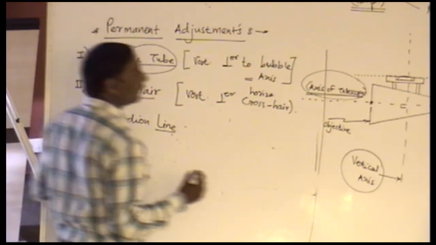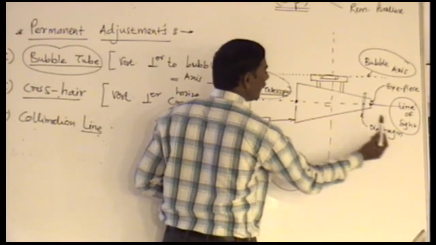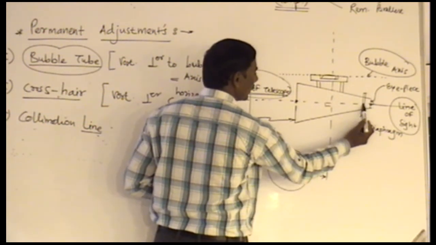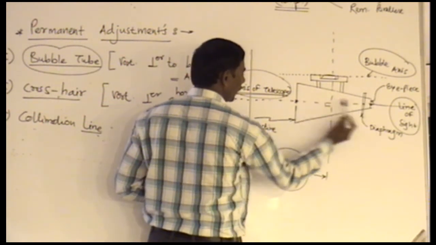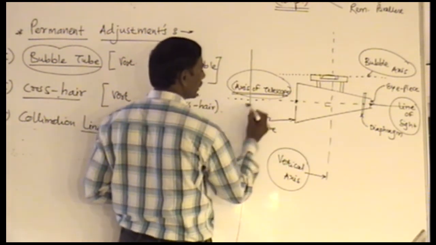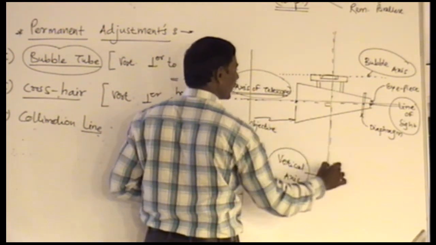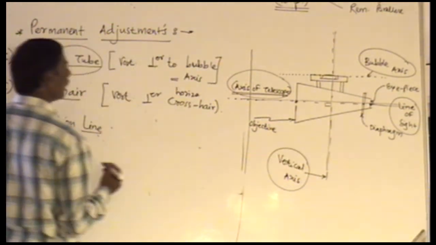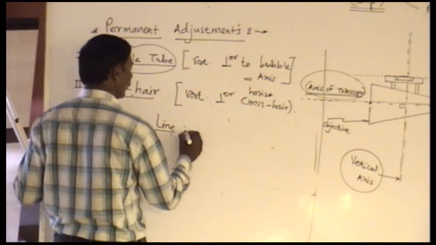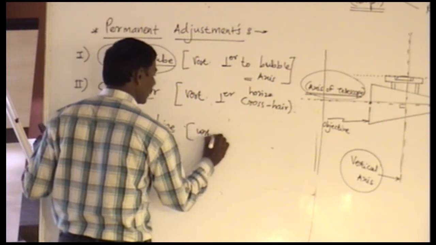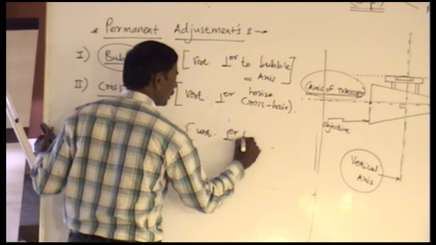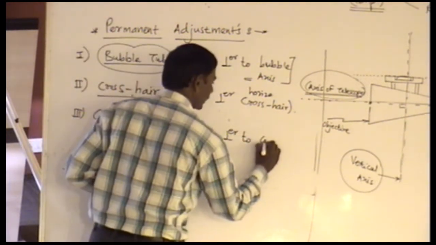What is collimation line? It is nothing but line of sight. It is a line joining the center of eyepiece, diaphragm, object glass, and its imaginary continuation. So we are talking about this line and the vertical axis. What is the relationship? They must be perpendicular. So if you see here, the vertical axis must be perpendicular to the collimation line.